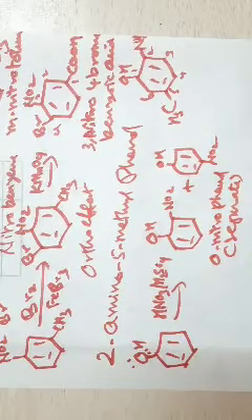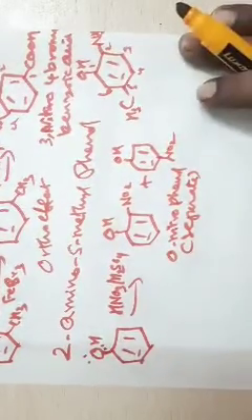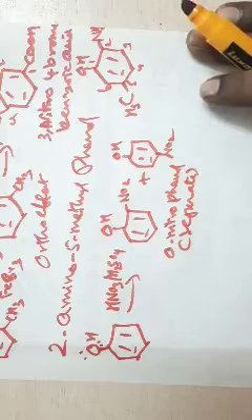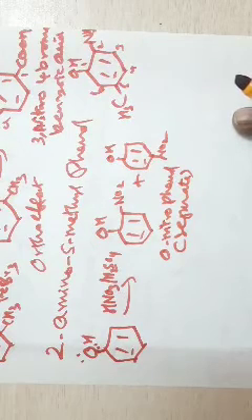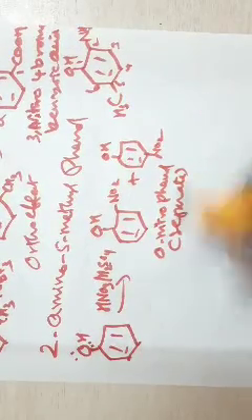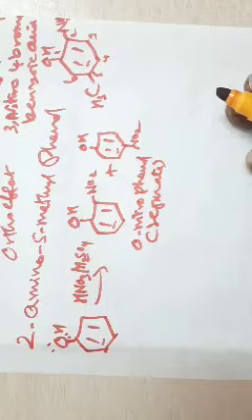Now we have to carry out the reaction further. So what I do is, I want to suppress the reactivity of the OH group. OH group is highly activating, ortho-para-directing, and the nitro group is deactivating. Anyhow, the OH group is more powerful than the nitro group. It will have its own orientation and reactivity.